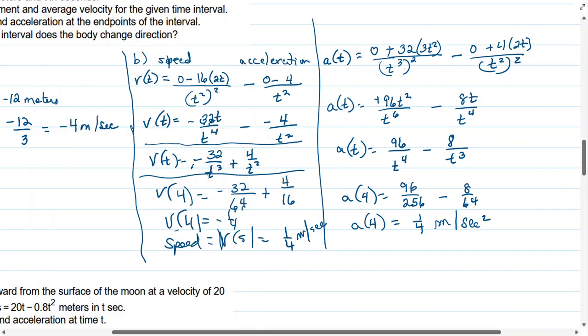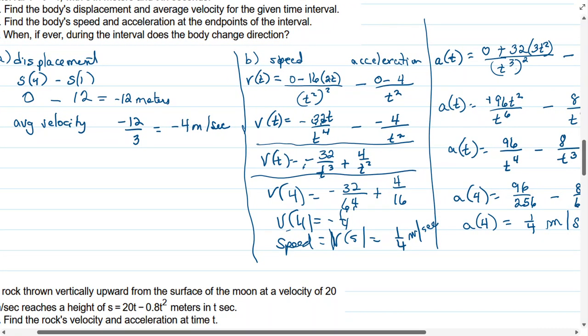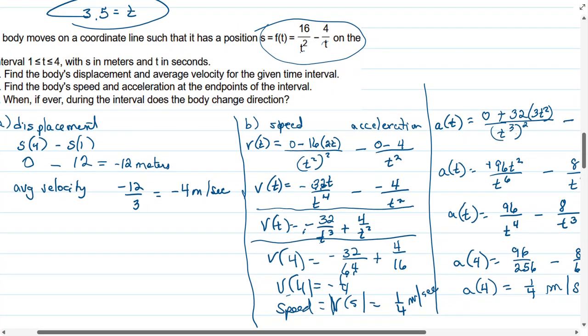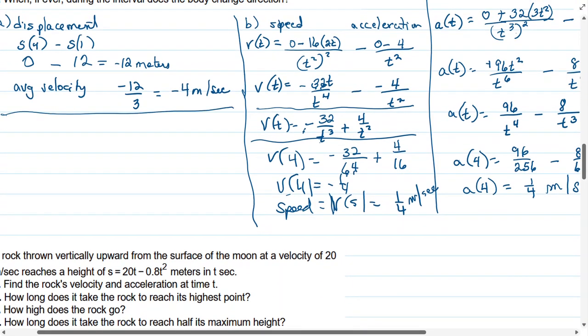Right. And then it wants, does it ever, during the interval, change directions? All right. Now, we have a rational function. I don't believe there is any, well, I could be wrong though. Okay. Let's find out. I cannot speak without doing the math. So I'm going to move over the negative 32.